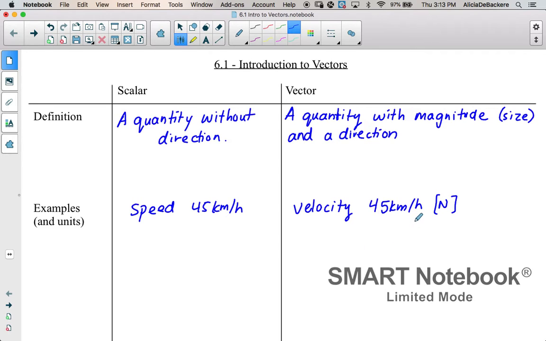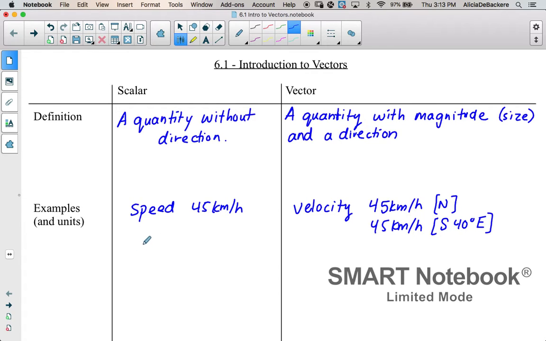Or we could also say it's 45 kilometers and maybe this time it's south but 40 degrees to the east from south. And I know in physics class you guys write this the other way around. But in our textbook, you're going to see this format here.